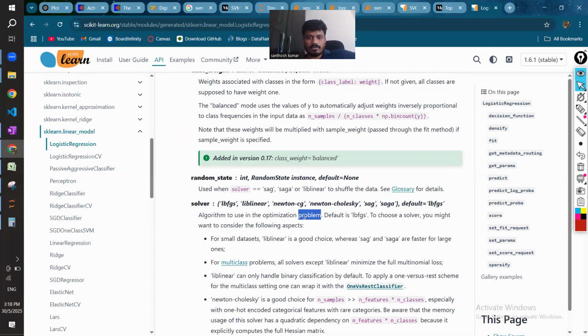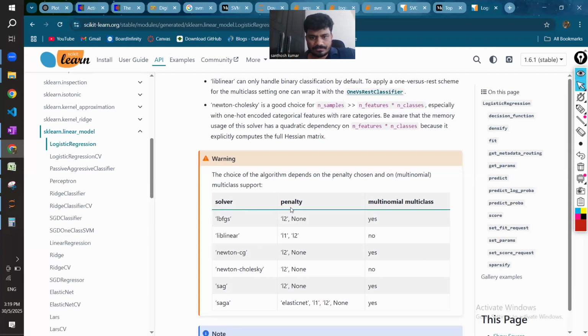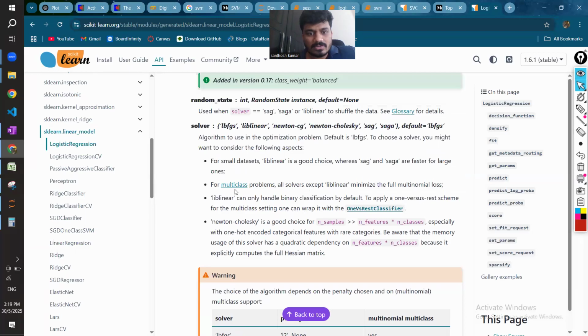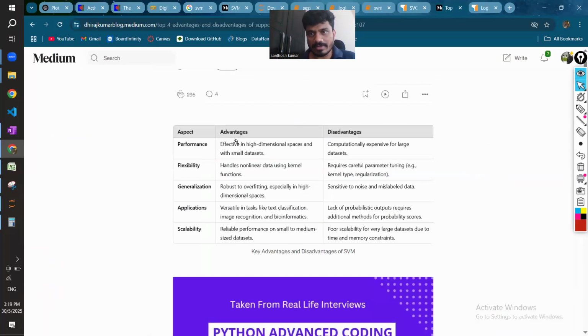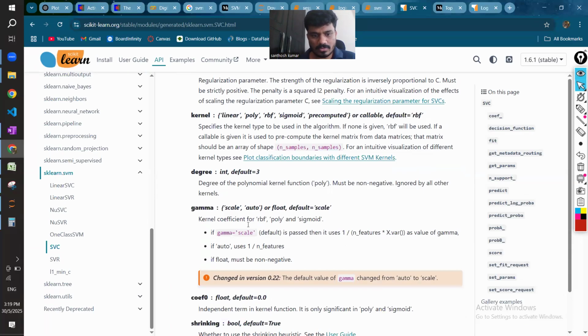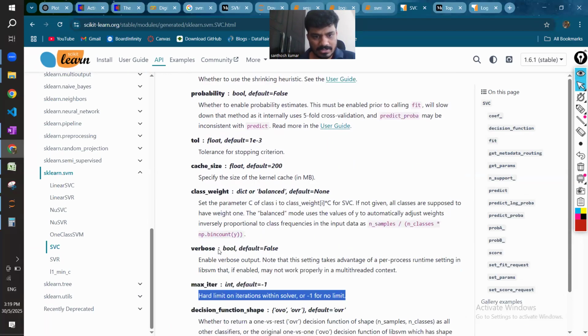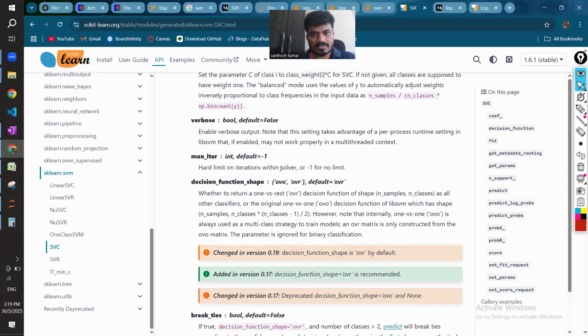How we are doing this using gradient descent, there are different types of algorithms internally to perform that. Over there it will check how many times it should look for the optimal value. So over here, hard limit of iterations within the solver.